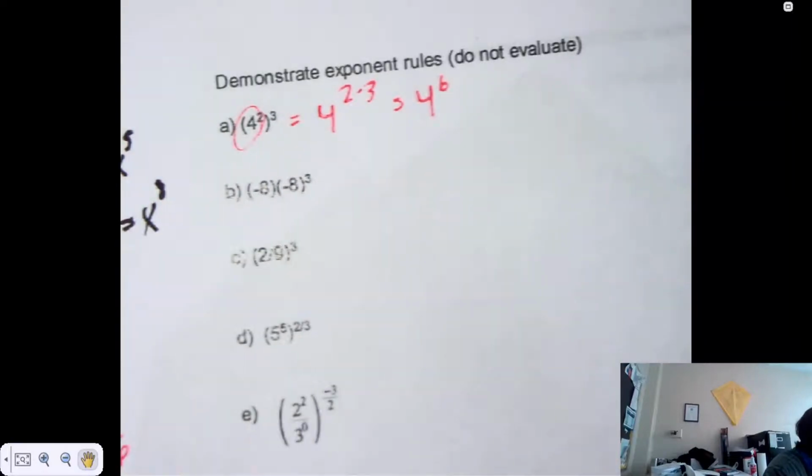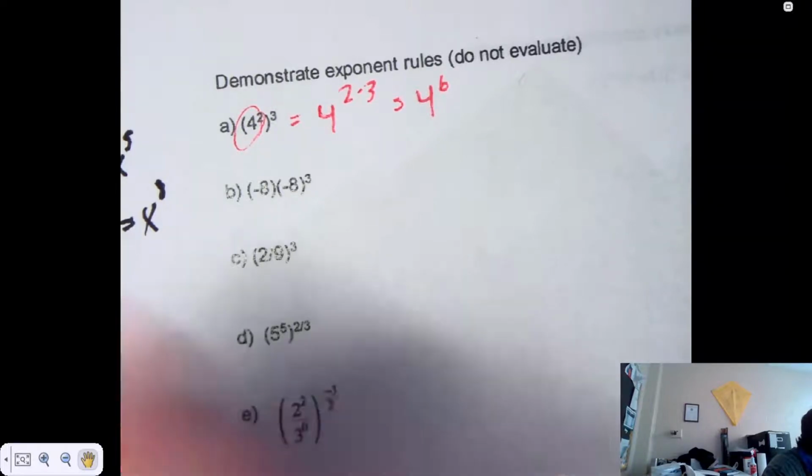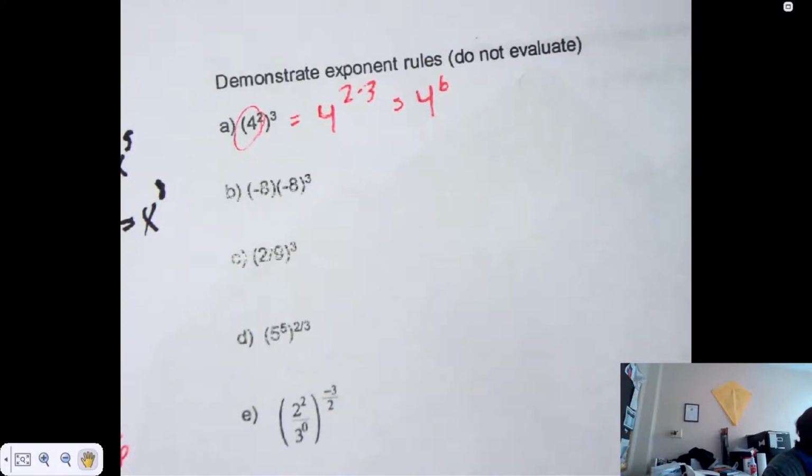Yes and no. It's not what I'm after here. I'm just working on exponent rules. -8 to the third over -8 to the third.